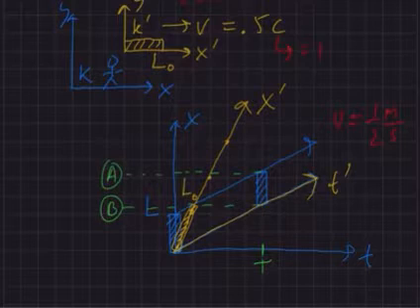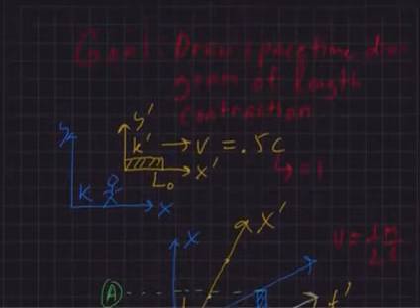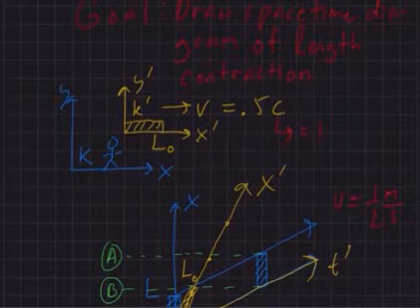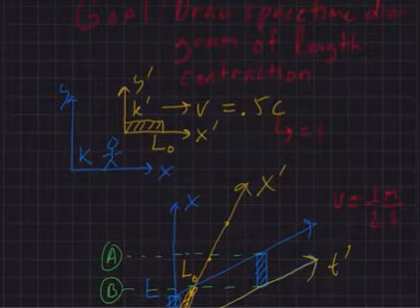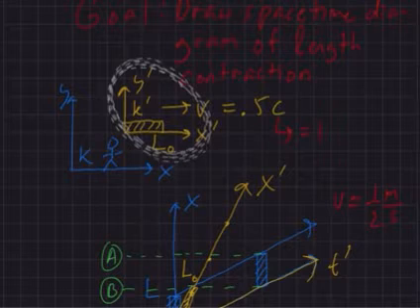Next, we want to evolve this ruler, and notice that in the k prime frame, the ruler is not moving. It's just sitting there with the left end attached to the origin.